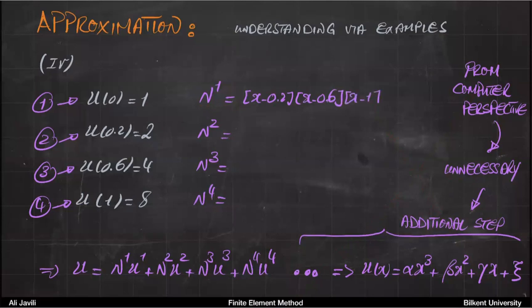Okay? Now, you know it is going to be 0 here, 0 here, and 0 here. That's what we wanted for n1. But also we want it to be 1 at node 1, which is 0 coordinate. So you insert 0 in this.